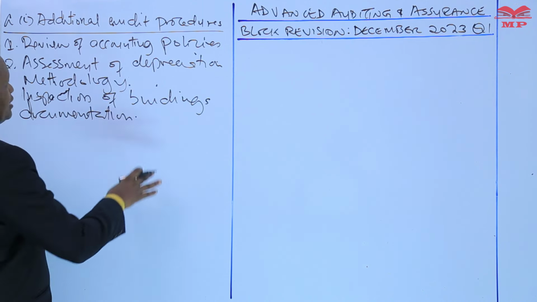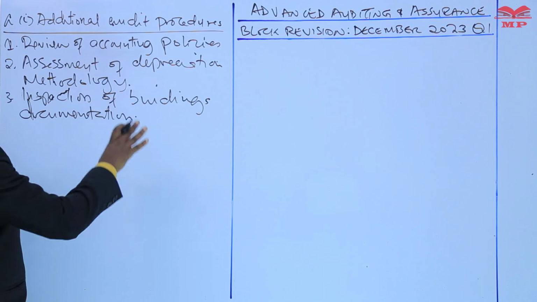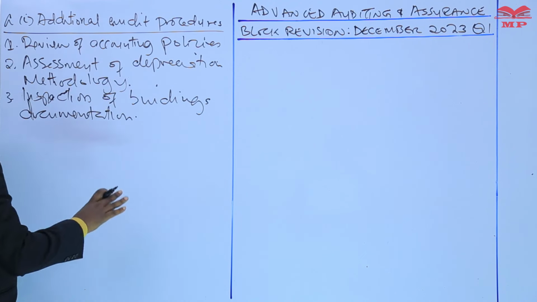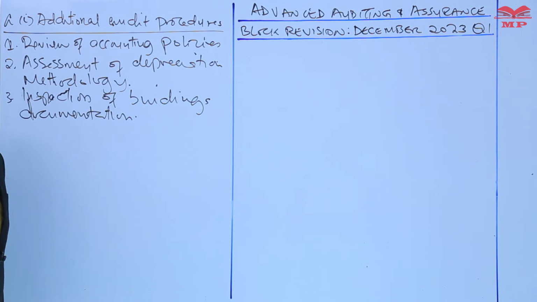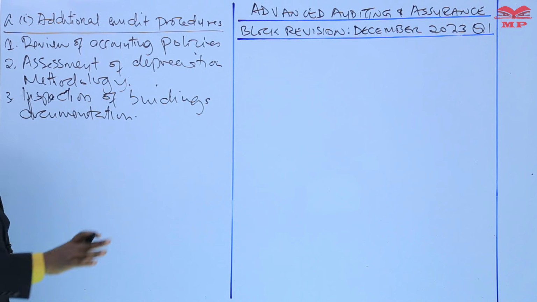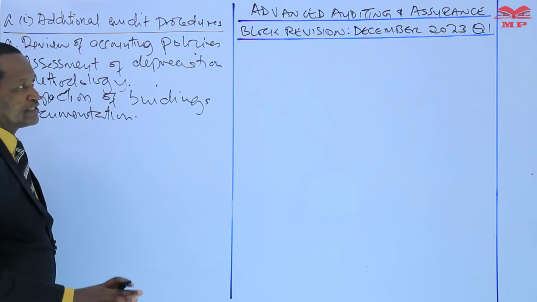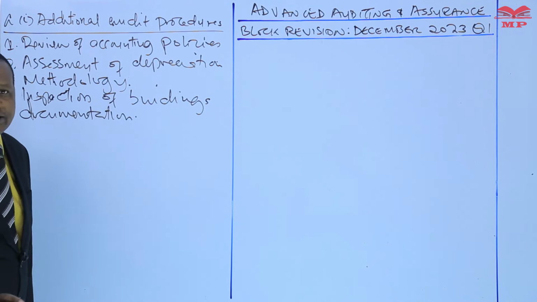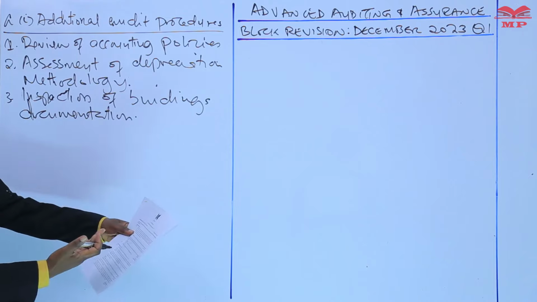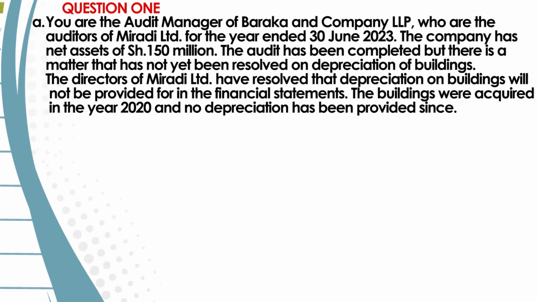So candidates, we are discussing the additional audit procedures that the auditor should carry out in relation to buildings of Miradi Limited, a company that has refused to depreciate buildings. We read from the question that the audit has been completed, but there is a matter that has not yet been resolved on depreciation of buildings.